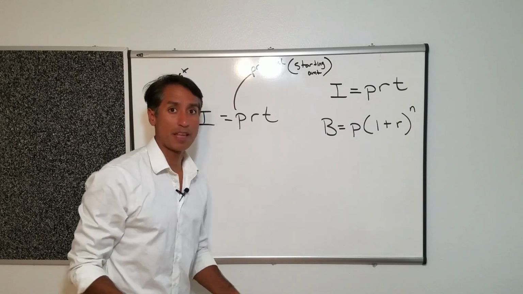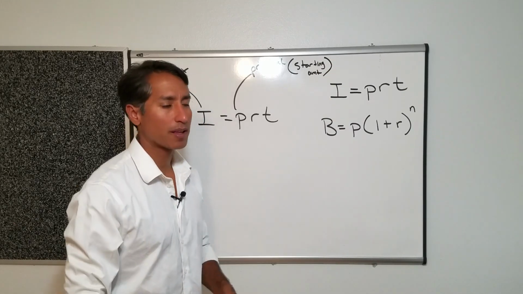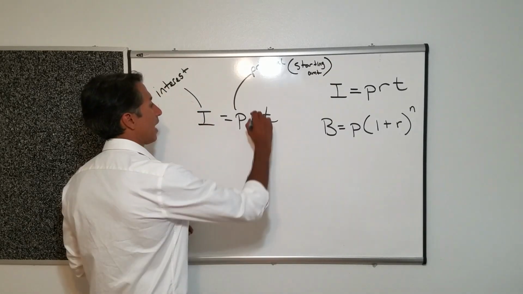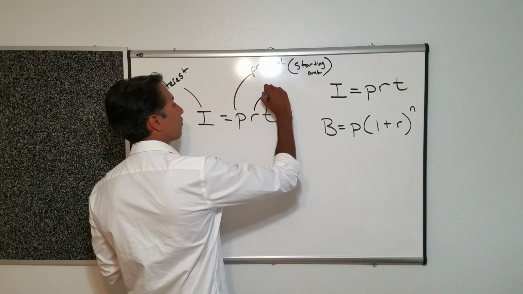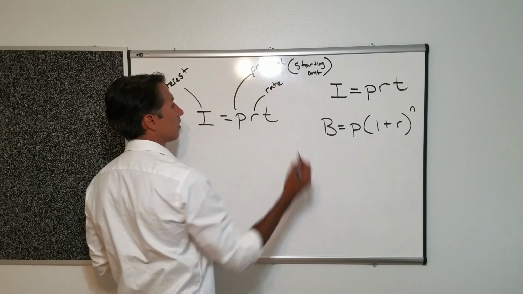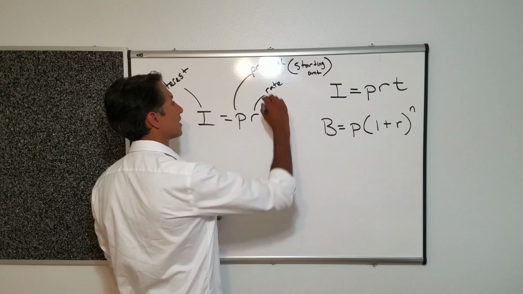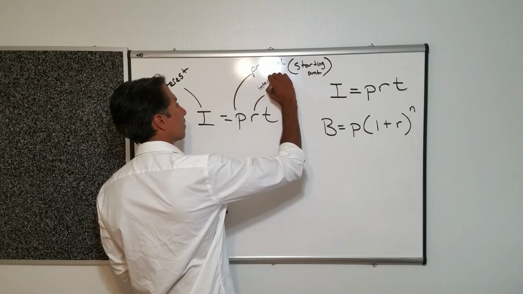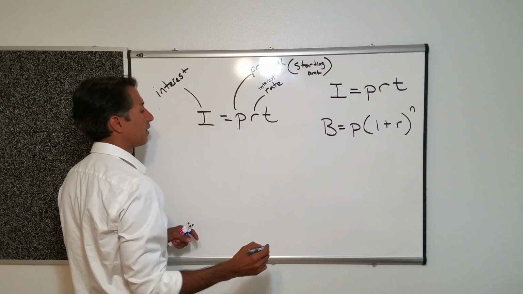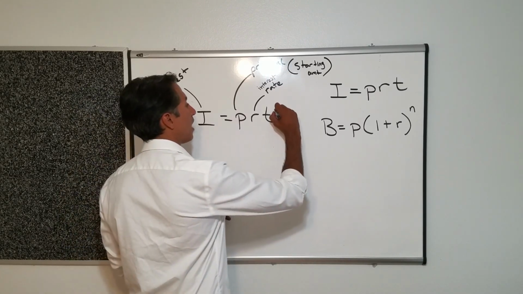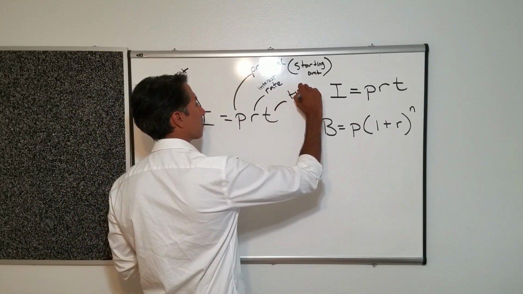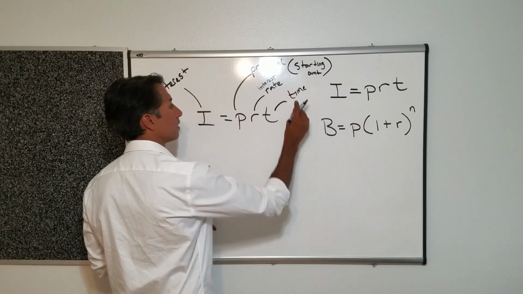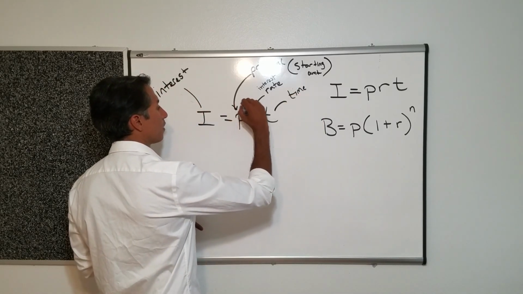Okay, so like the amount that you start off your bank account with or whatever it is you're doing. And then we have the rate, and we could even be more specific and say the interest rate. And then we have the amount of time. And that's the time, okay?